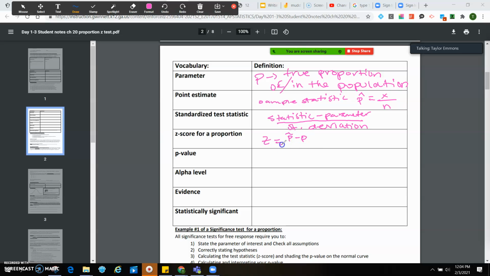This is kind of a throwback. So p hat minus p divided by the standard deviation, which is going to be that square root of p times 1 minus p divided by n. And this one specifically, you're going to use p and not p hat when you talk about z-score.